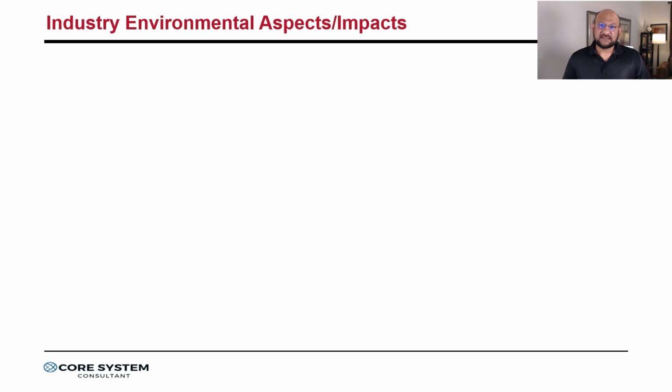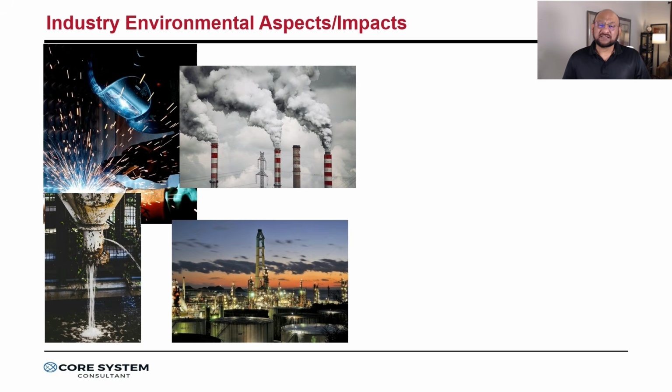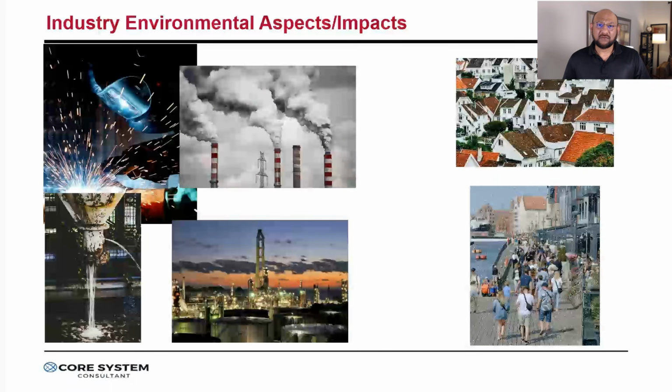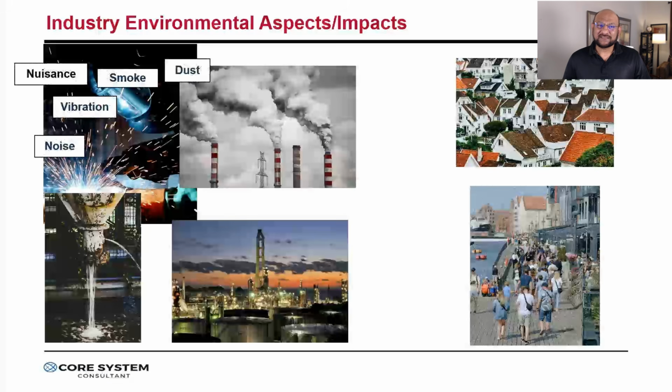Every industry out there has certain aspects, and those industrial outputs may impact the community and the environment for the people. Those aspects can comprise noise, smoke, and dust coming out of those industries.